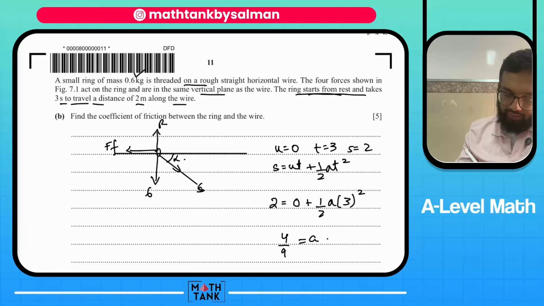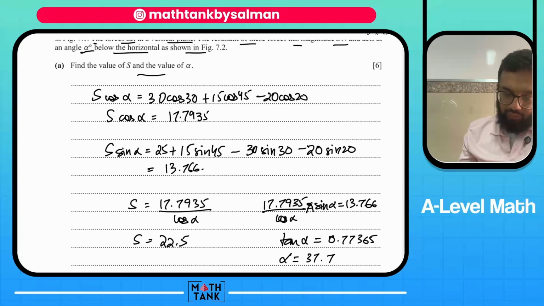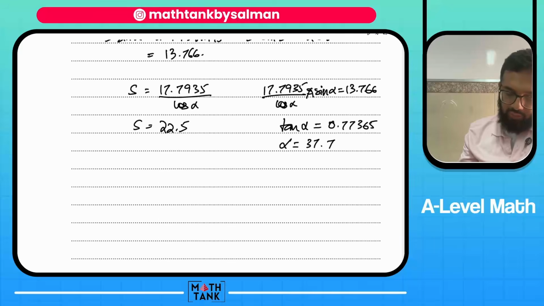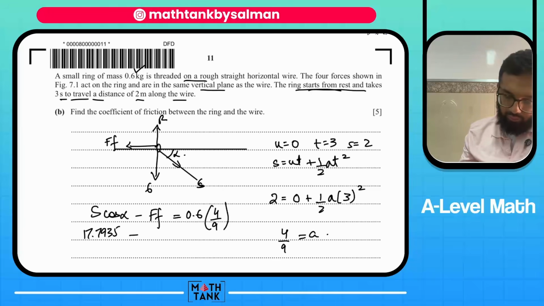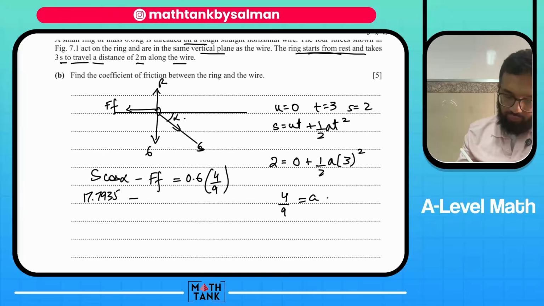Can I now say that S cos alpha minus the frictional force equals MA, which is 0.6 into 4 over 9. S cos alpha is simple. S cos alpha was right here, 17.7935. So I'm just going to use that. What about frictional force? Frictional force is mu into R. So coefficient of friction is what I'm trying to find.